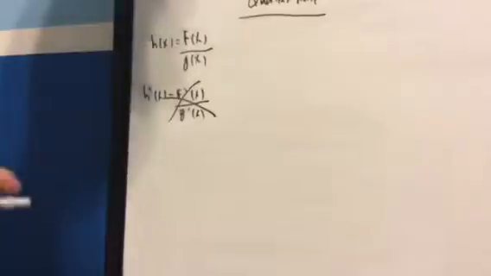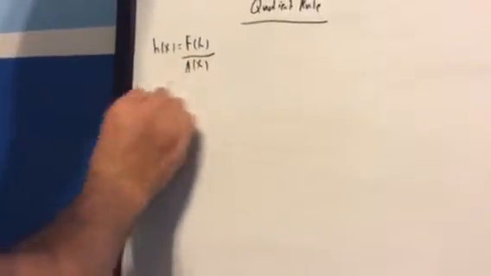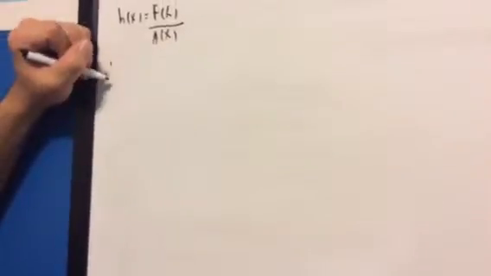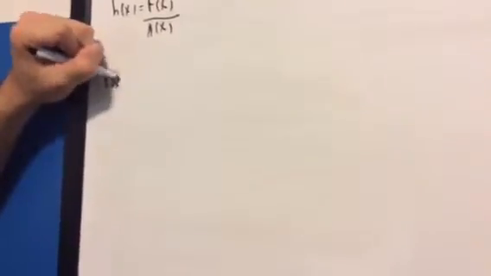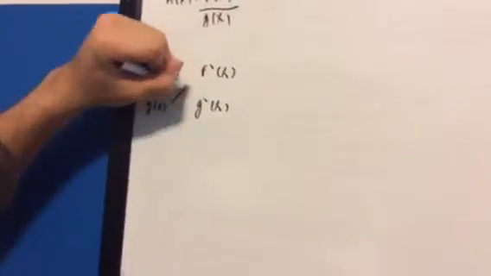However, this is wrong. No. The correct way to write this is, and I'll show you a good method that I use, f of x, f prime of x, g of x, and g prime of x.